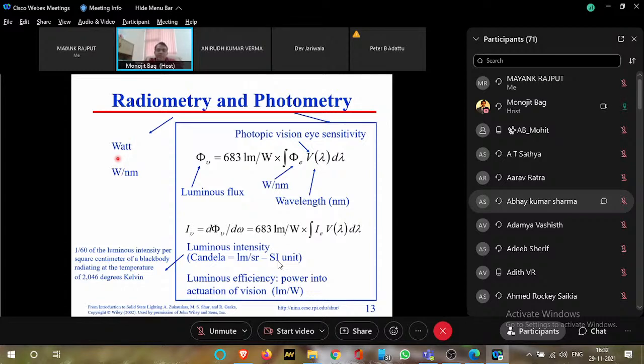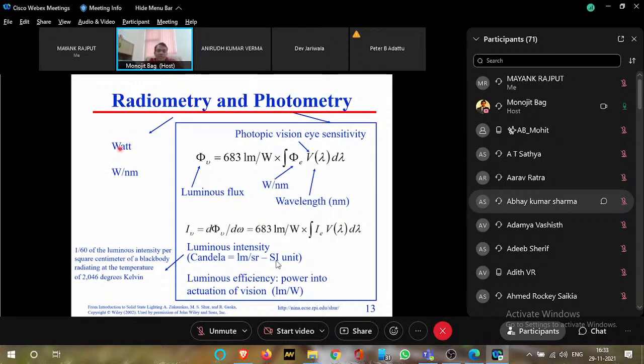But at the same time we can talk about photometry, like what is the intensity we perceive in our eyes. That is normally known as the luminous flux. We can talk about luminous intensities. Sometimes it's also given as lumens per watt. So these are similar parameters.